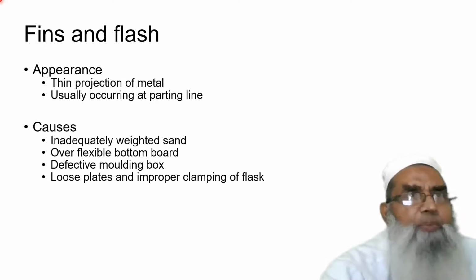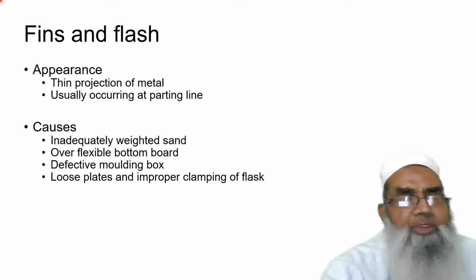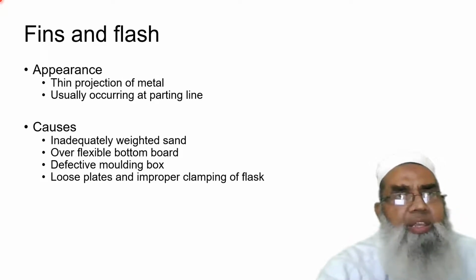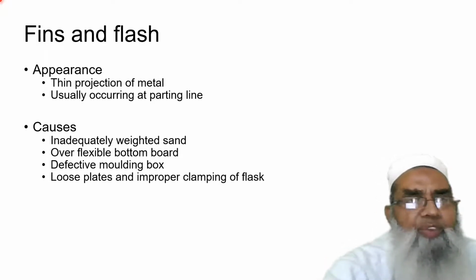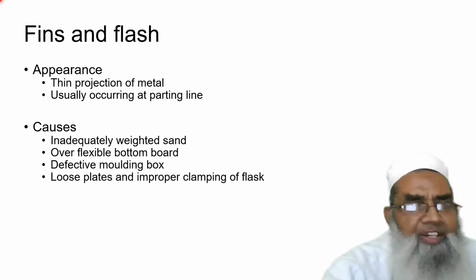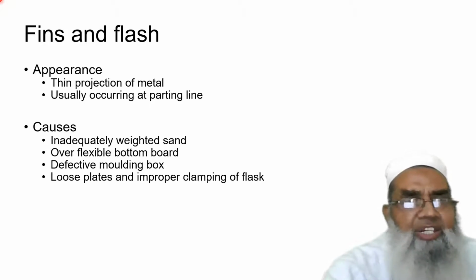The sand is not properly weighted, and an overly flexible bottom board may also cause the mold to sink and then give the fins and flash. A defective mold box or loose plate and improper clamping of the flask may also cause fins and flash.